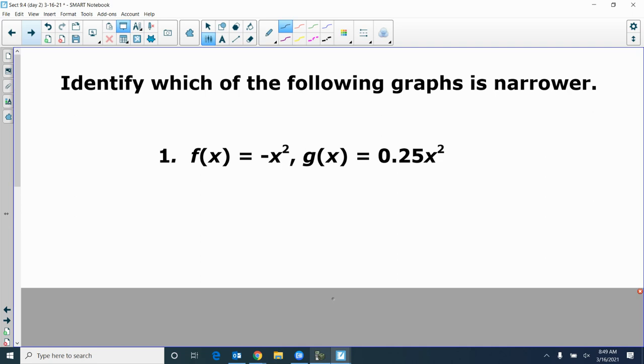Now this is my one, all the others got the graphs on there. That's what I forgot.